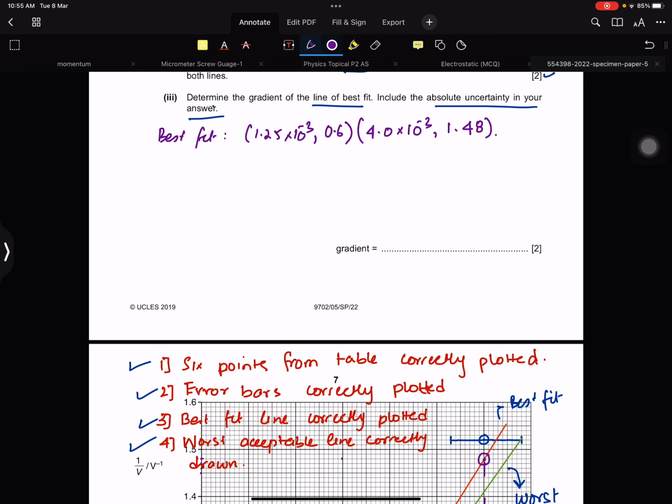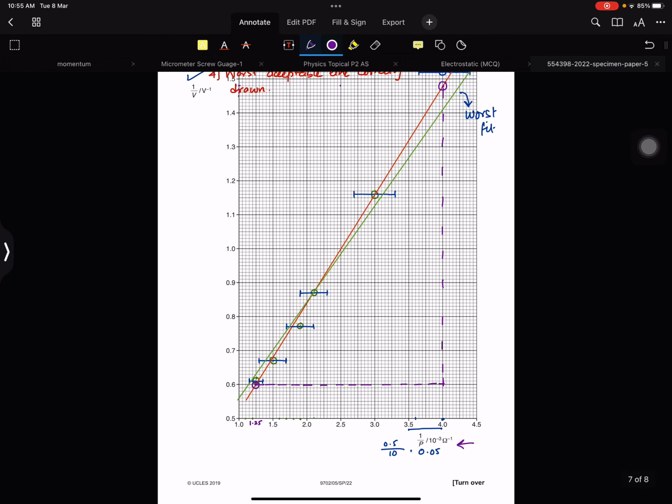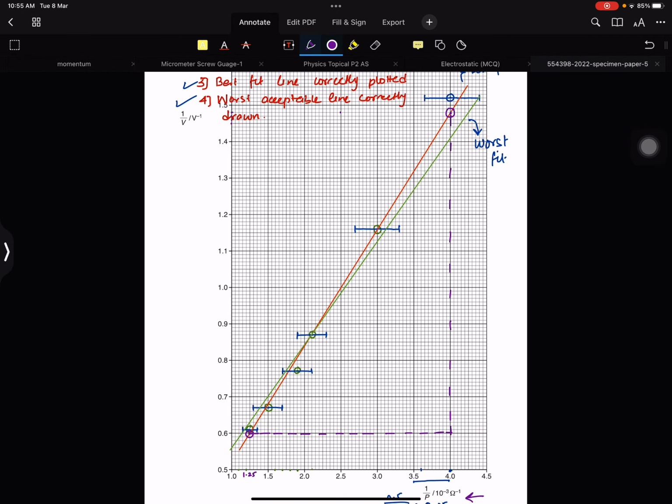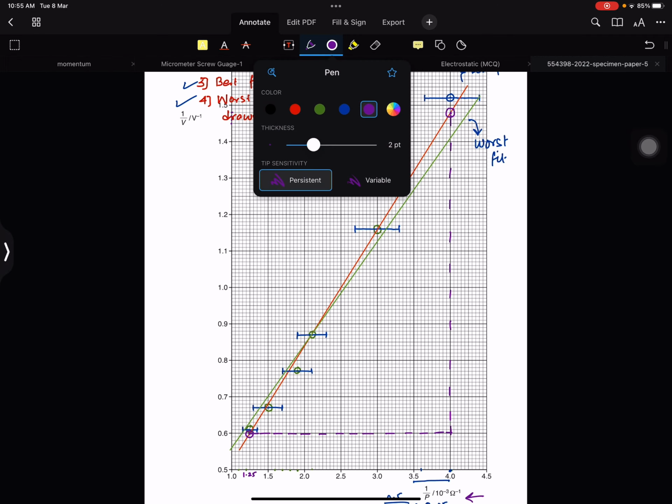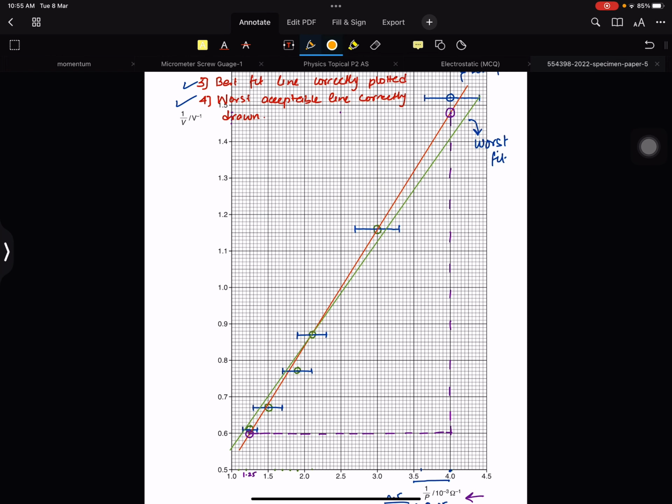Then what I'm going to do is find the gradient of the worst acceptable line, and I needed to find the uncertainty. I'll tell you how. But before that, let's do that quickly. Okay, I wanted a nice color, so I think I am going to pick orange. Okay, so the green one is the worst acceptable line, so you pick the easiest points you like.